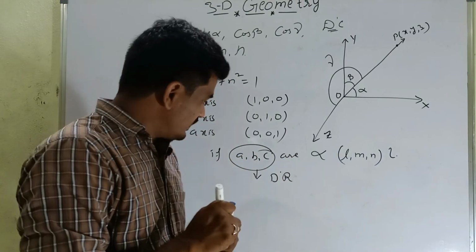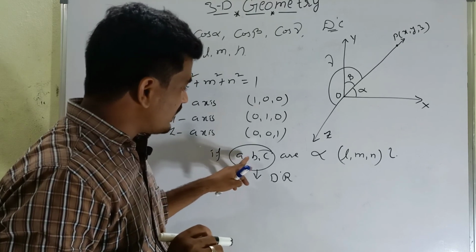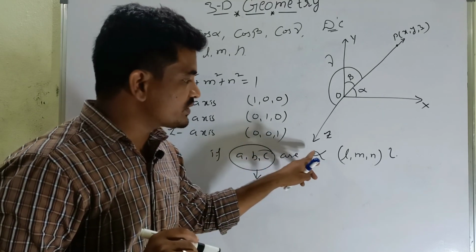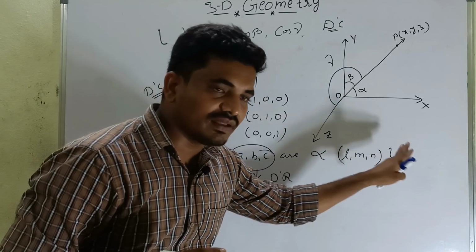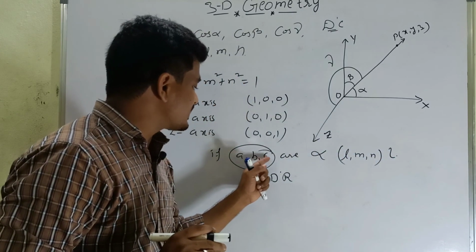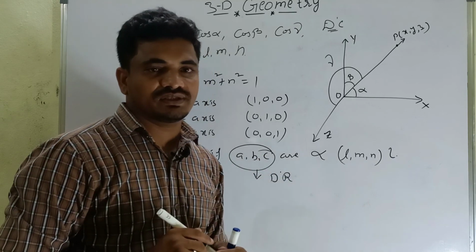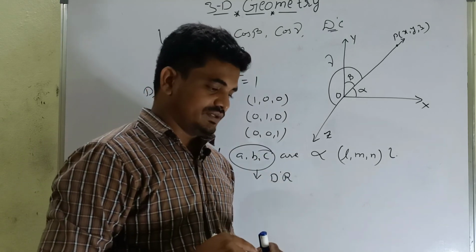I think you got it. So once again, if a, b, c are proportional to the direction cosines of line L, then a, b, c are called direction ratios.